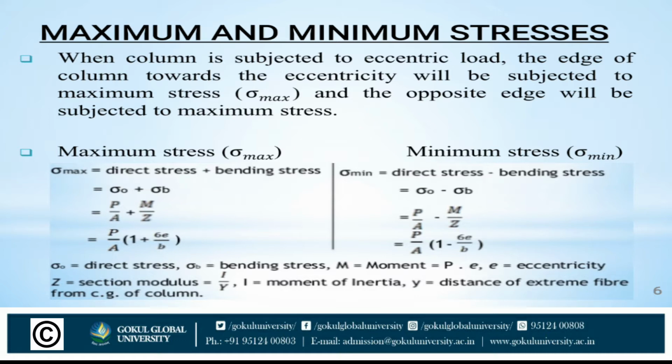So sigma max is equal to direct stress plus bending stress, sigma 0 plus sigma B. We can write P by A plus M by Z, which is equal to P by A times (1 plus 6e upon b). Sigma min is sigma 0 minus sigma B, which is equal to P by A minus M by Z, which is equal to P by A times (1 minus 6e divided by b).